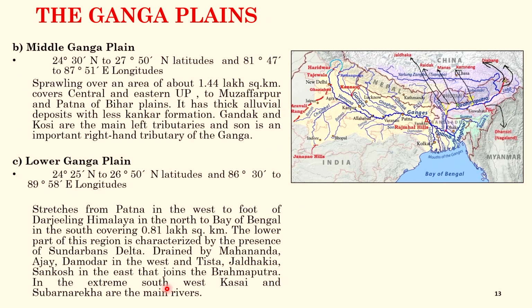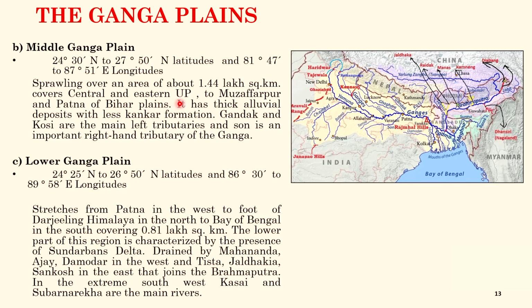So coming to the middle Ganga plain area, it extends from 24 degree 30 minute to 27 degree 50 minute north latitudes and 81 degree 47 minute to 87 degree 51 minute east longitudes.